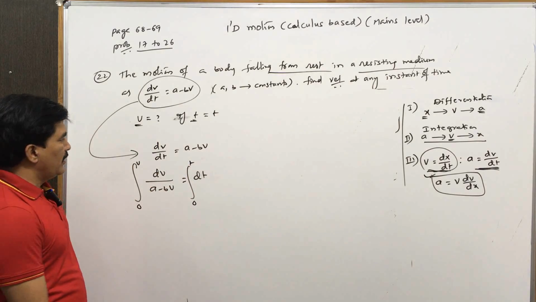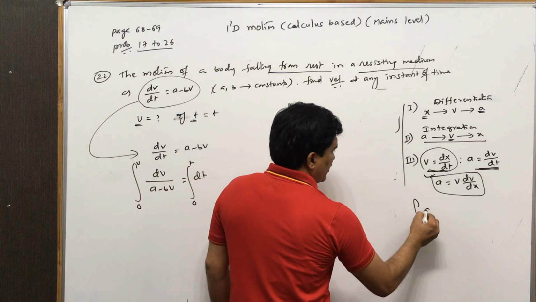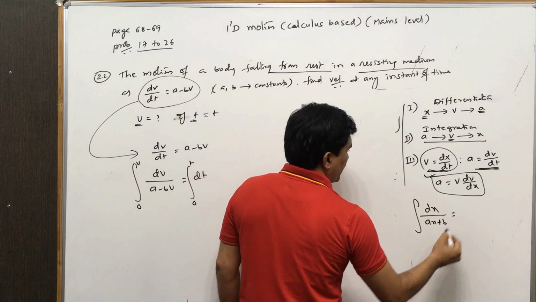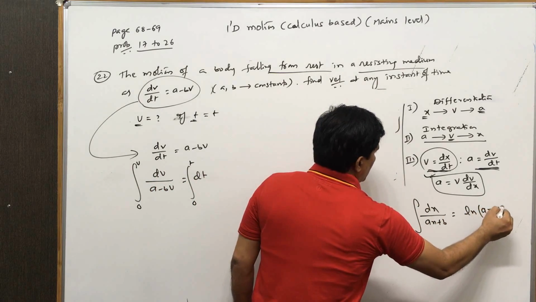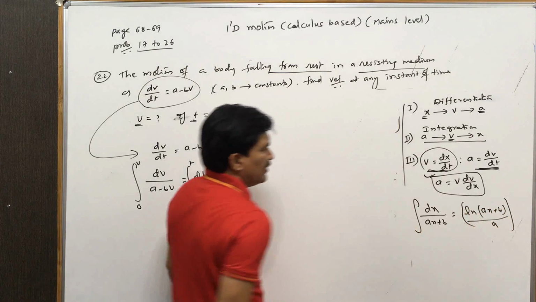Now here you have to recall the formula for the integral of dx upon ax plus b. For this we have log of ax plus b upon a within the same limits.